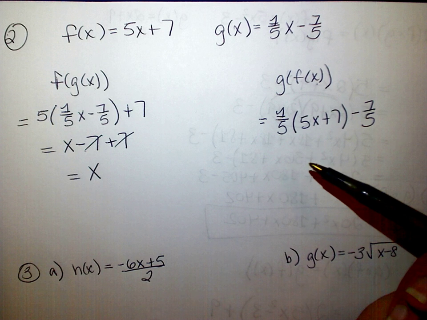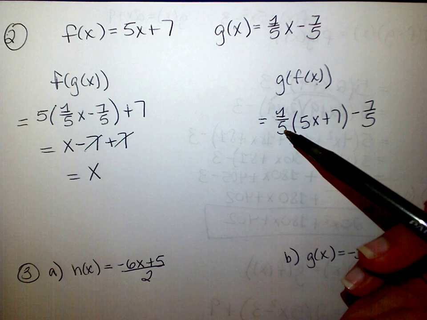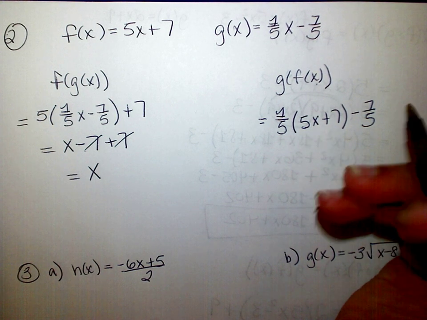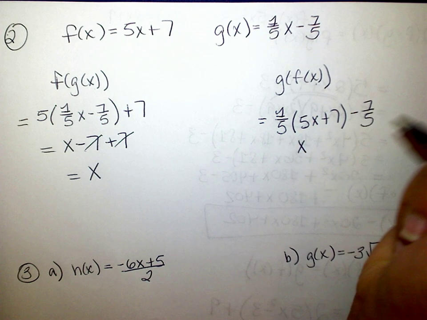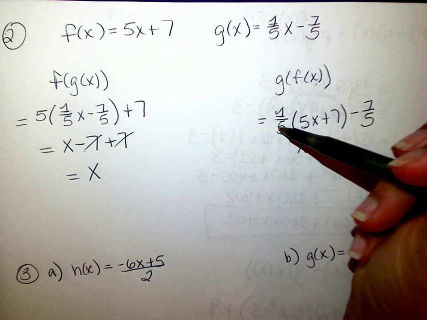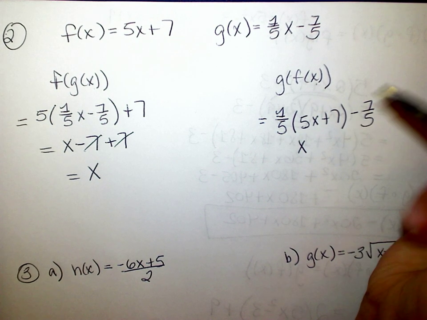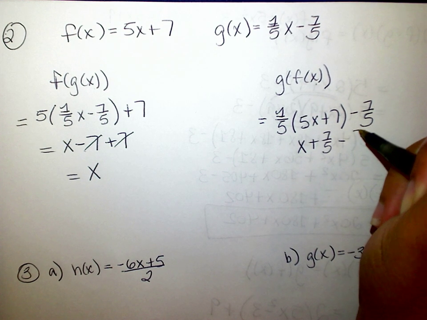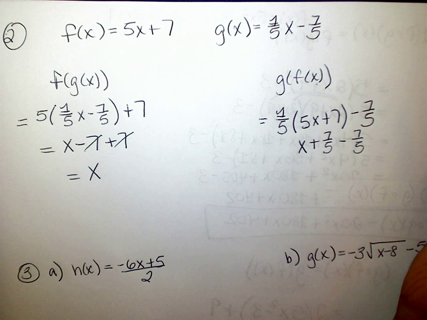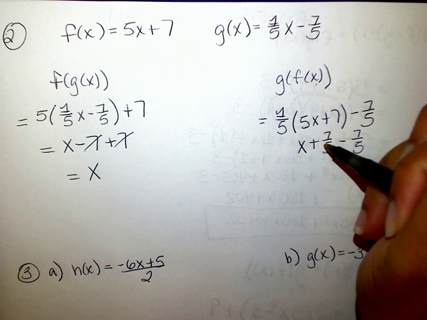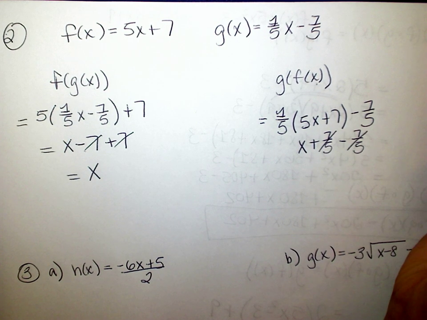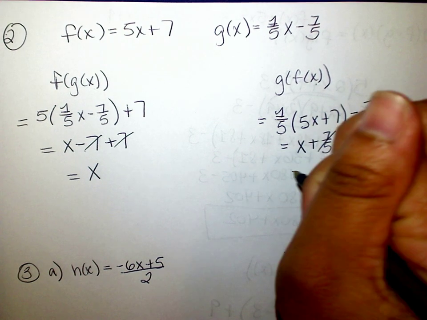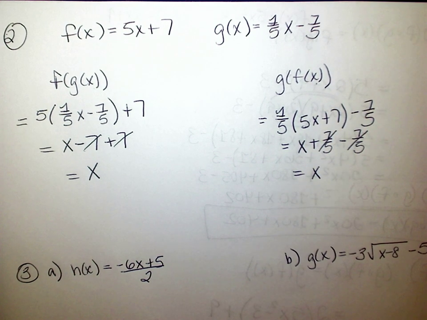Alright, so then we're going to distribute the 1/5. So 1/5 times 5 is just 1, so we're just going to have x. 1/5 times 7 is positive 7/5, and then minus 7/5. So then 7/5 minus 7/5 cancels, and we're just left with x.